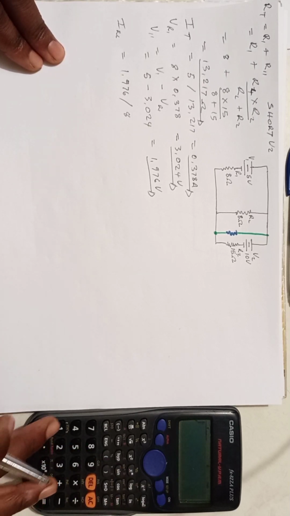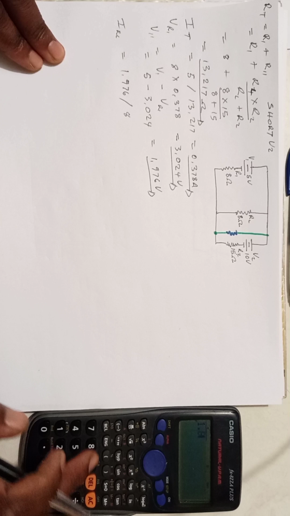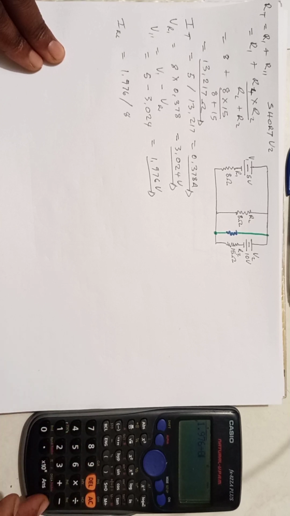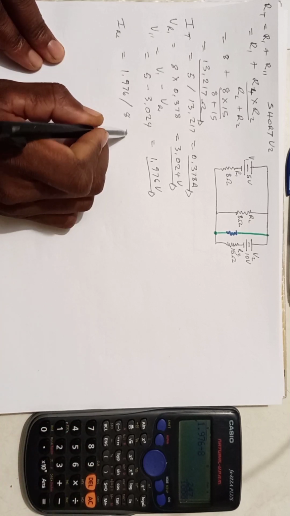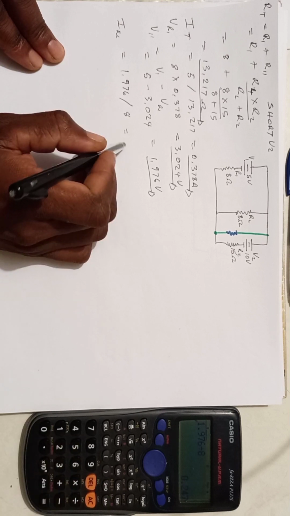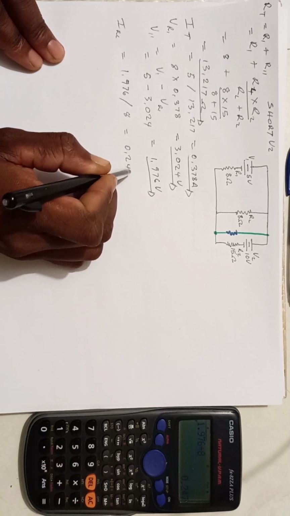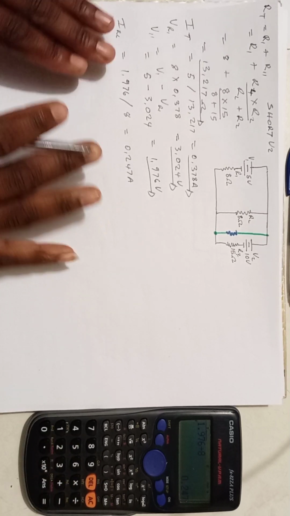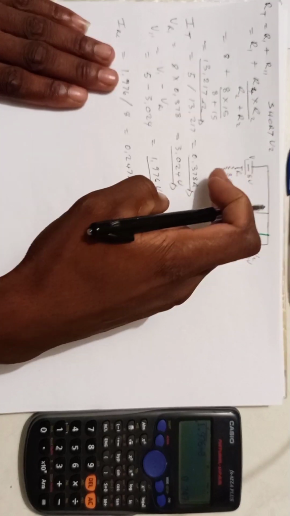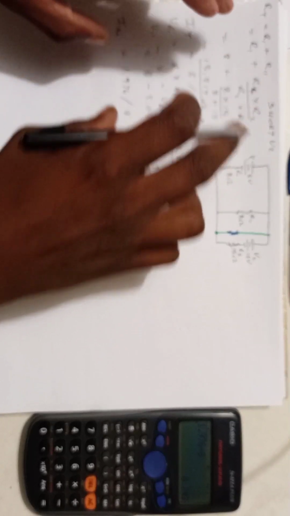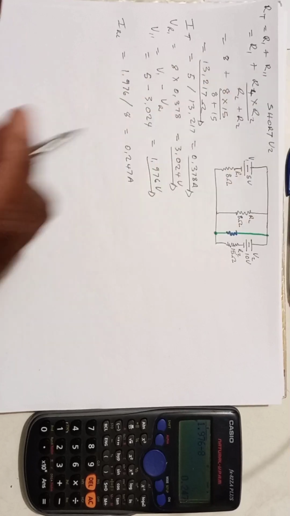This is 1,976 divided by 8 is equal to 0,247A. You would then stop here, short, calculate everything that we've calculated for this circuit.